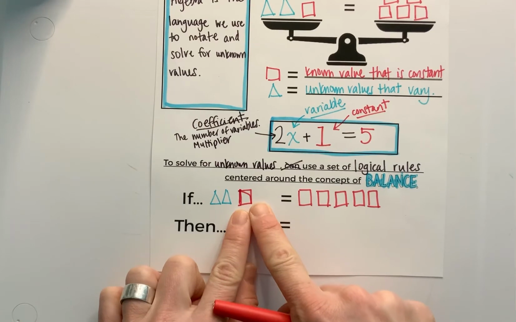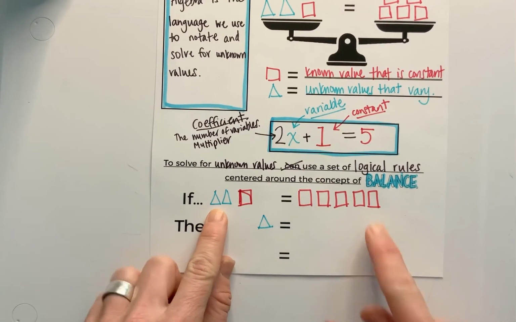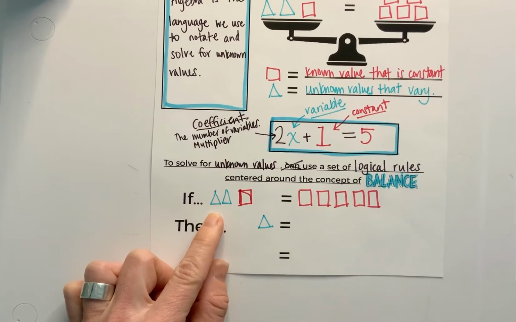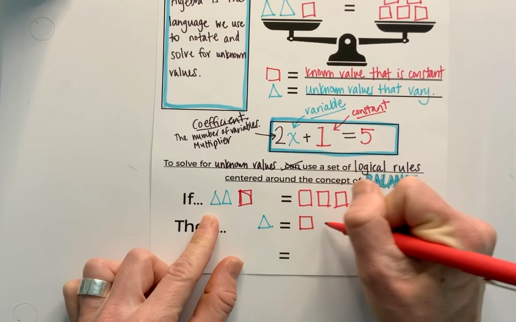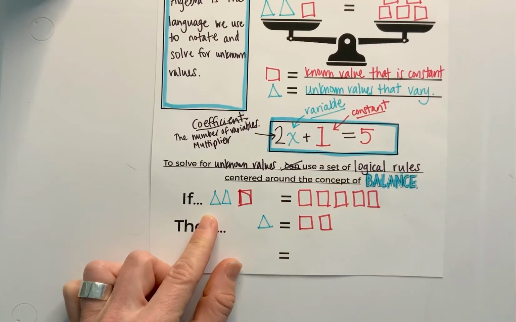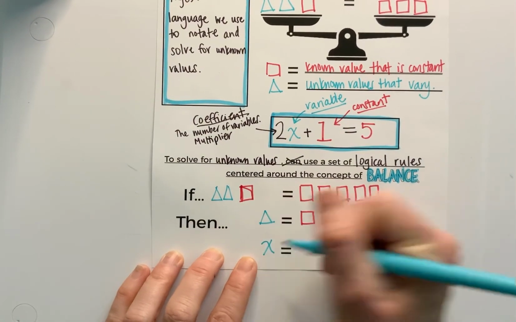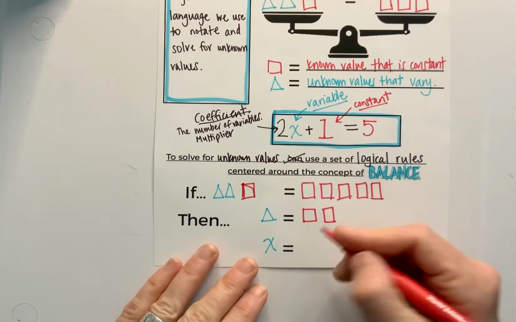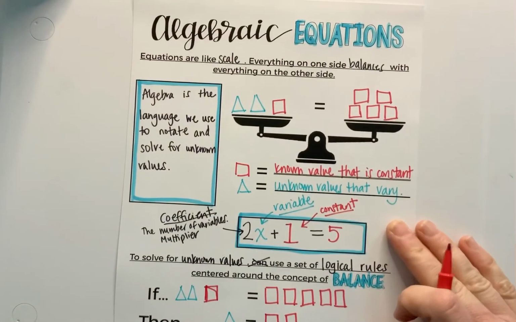So this red square balances with this red square, and then 2 of these triangles. That means if I were to substitute that in, each one of these triangles is equal to 2 of these red squares. They are in perfect balance. So in algebraic language, that just means x is equal to 2. And there you have it. That, my friends, is algebra.